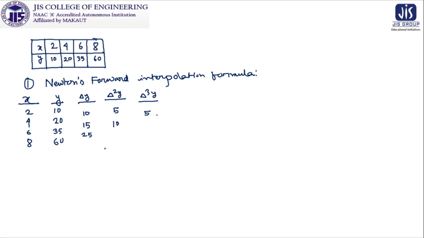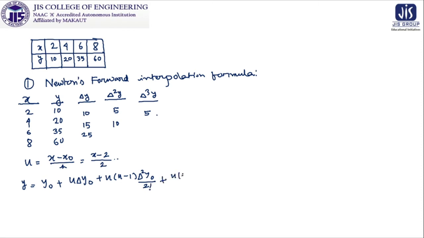Now, before starting the Newton's forward interpolation formula, we know that u is taken as (x minus x0) by h, where here x0 is 2 and h is also 2. So the interpolating polynomial will be y0 plus u del y0 plus u(u minus 1) del 2 y0 by factorial 2 plus u(u minus 1)(u minus 2) del 3 y0 by factorial 3.